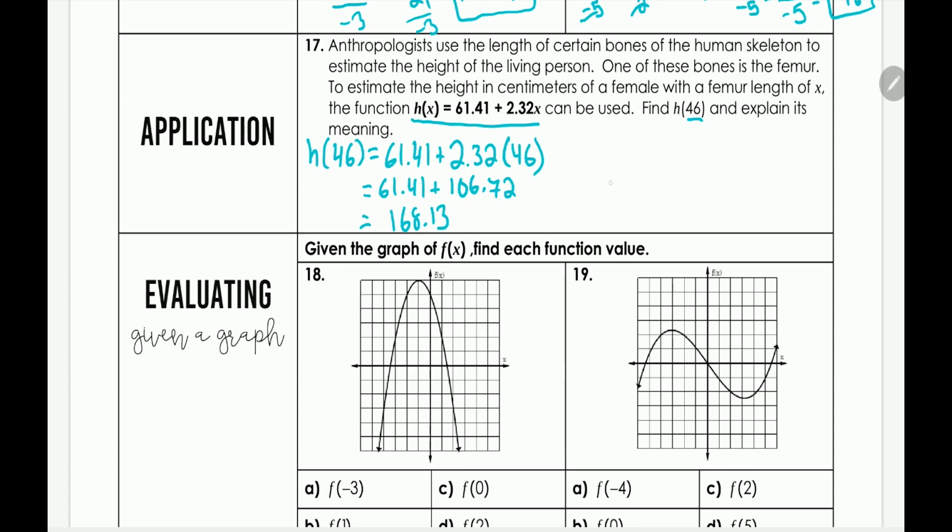So we have that x was replaced with 46 and that the femur length would represent x.